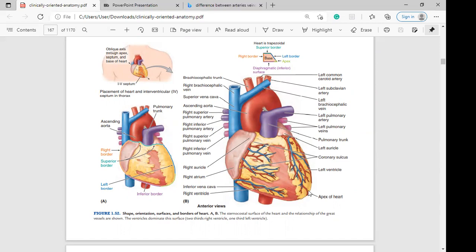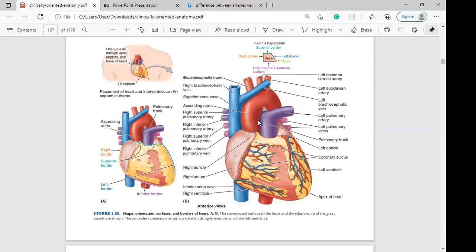This is the apex of the heart. It is the lowermost part of the heart. While this upper part of the heart here is the base. So if they ask you what are the two parts of the heart, it is the base and the apex.